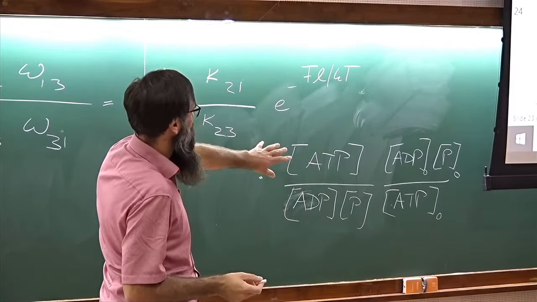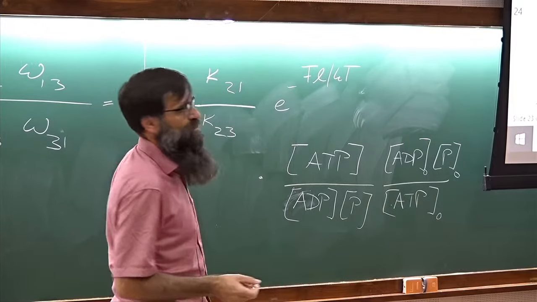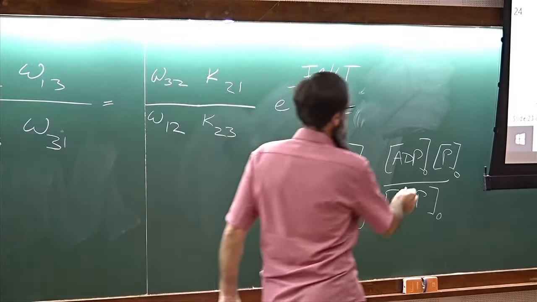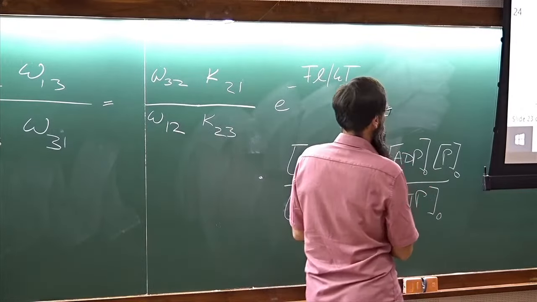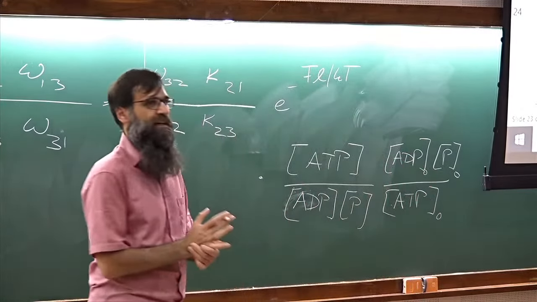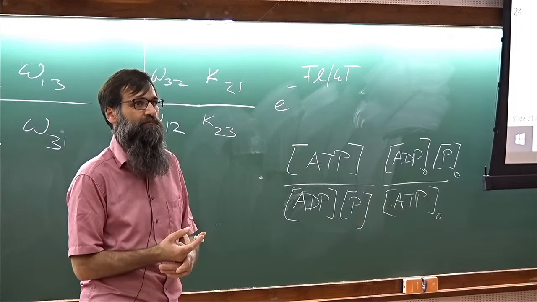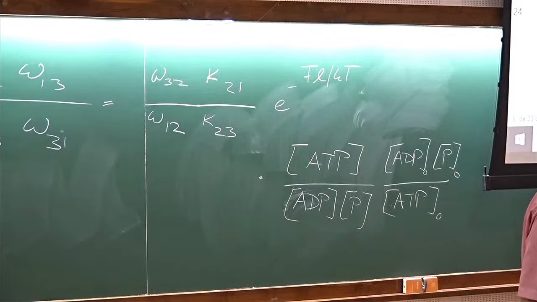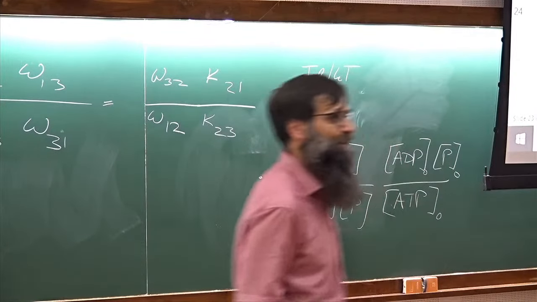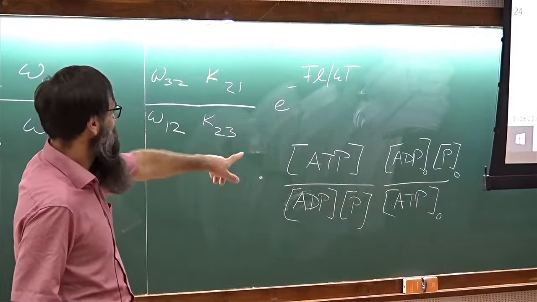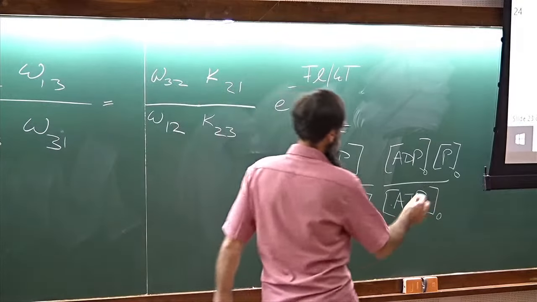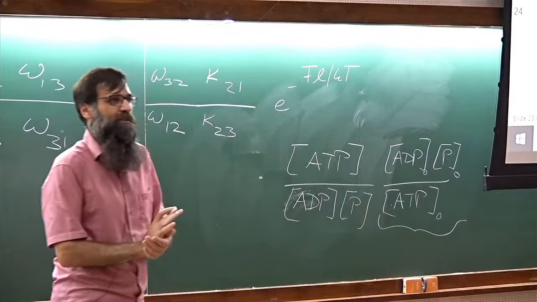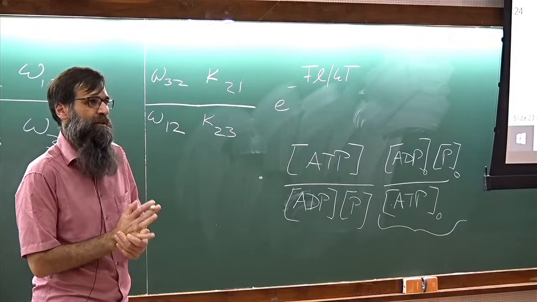Okay, now is where the thermodynamic equilibrium for my reference concentration is useful, because this ratio here I can relate to the chemical potential. Everything fine? Okay. So this is related to the equilibrium constant and to the chemical potential.